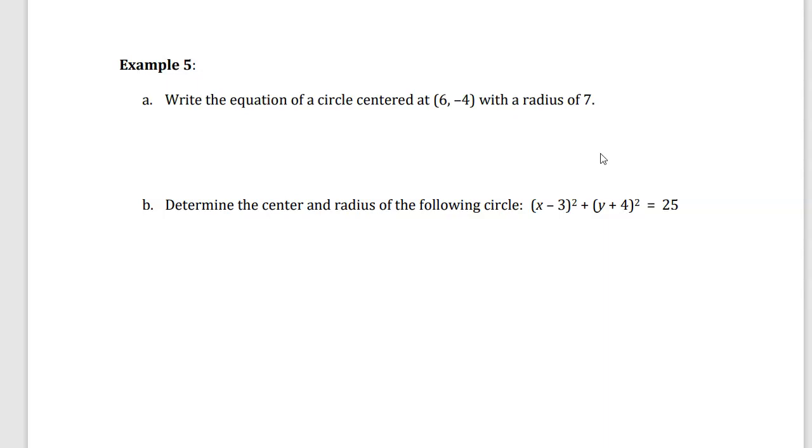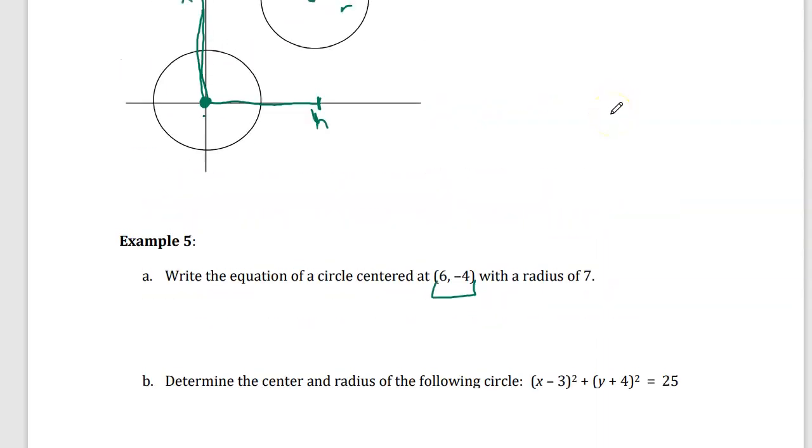So whenever we shift it to 6, negative 4, that would mean that it got shifted somewhere down here, okay? So it'd be right here at 6 and negative 4. And so the distance here and the difference here.